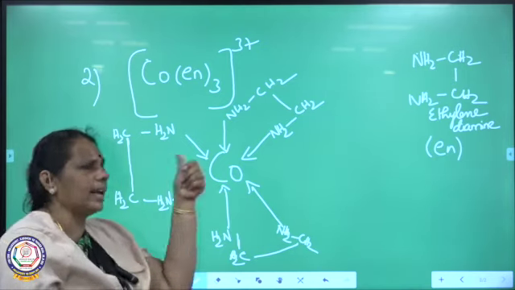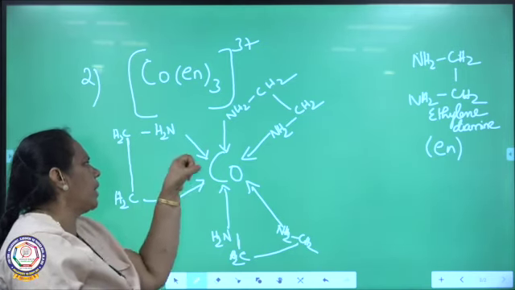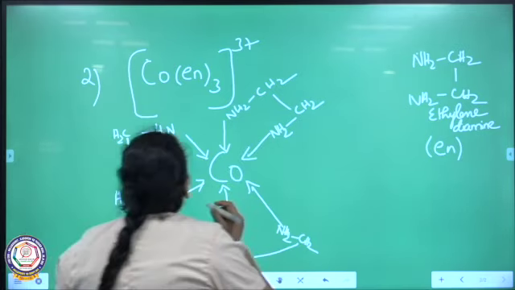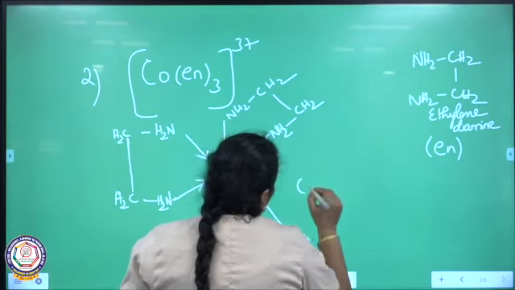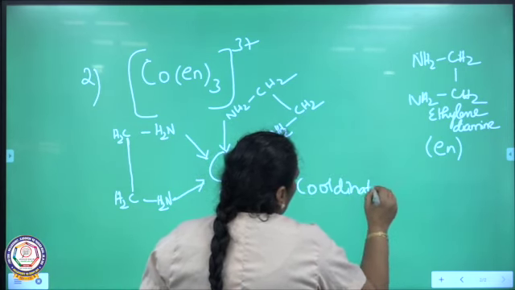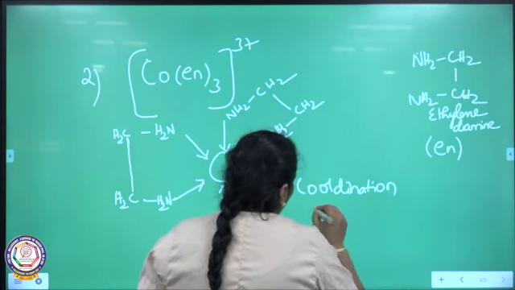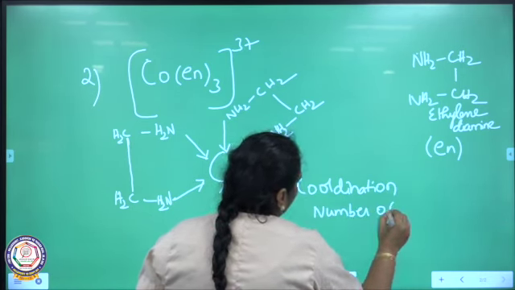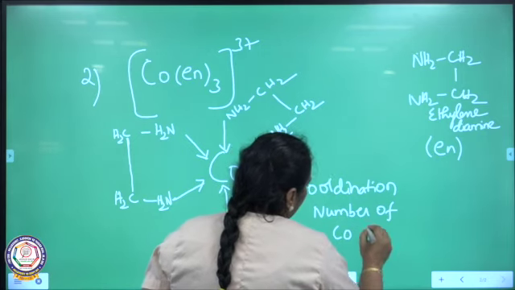When you count the electron pairs, here one electron pair, 1, 2, 3, 4, 5, 6. So totally 6 electron pairs are available. Therefore, the coordination number of cobalt is 6 here.